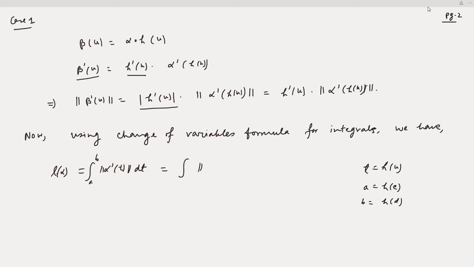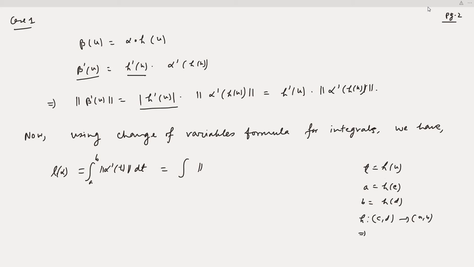Okay, so because h is a bijective differentiable function from [c, d] to [a, b], h is a bijective differentiable function with positive derivative.